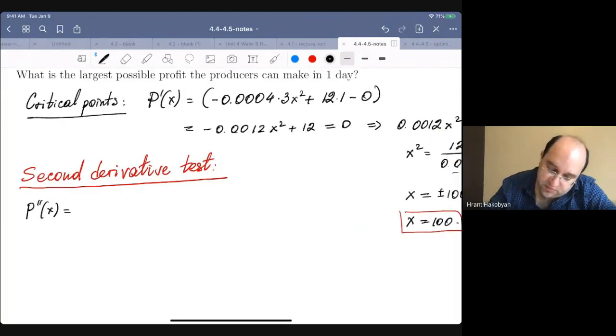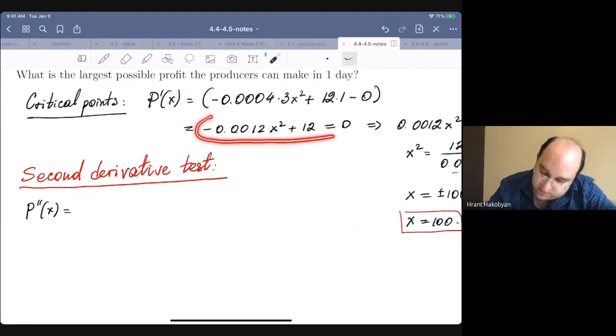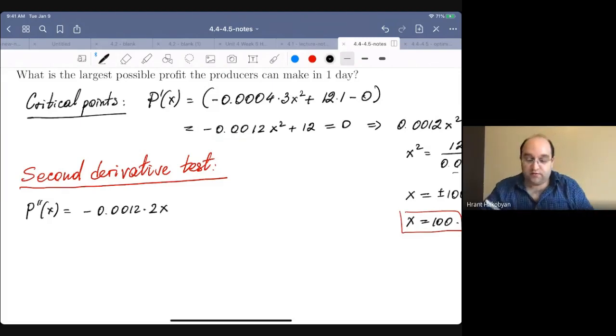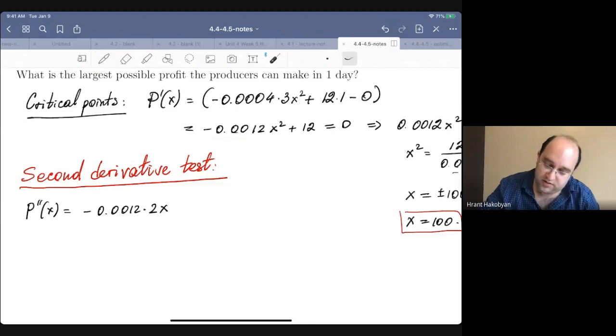Well, what is my derivative? Here is my derivative. If I take the derivative of that, it's going to be minus 0.012 x squared, so the derivative of that is 2x, right? So 2x. And the derivative of this 12 here is going to be 0.